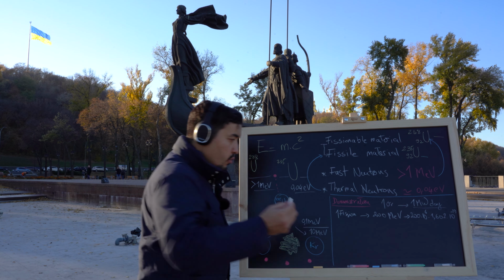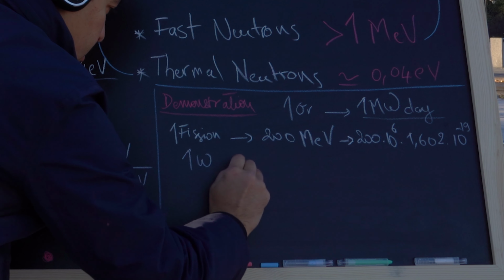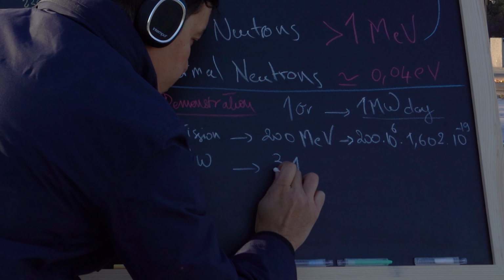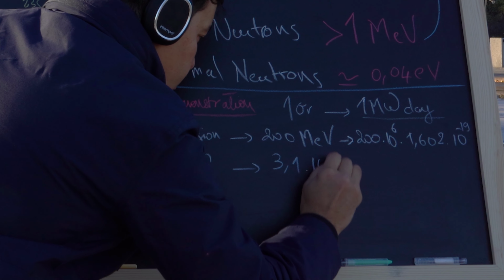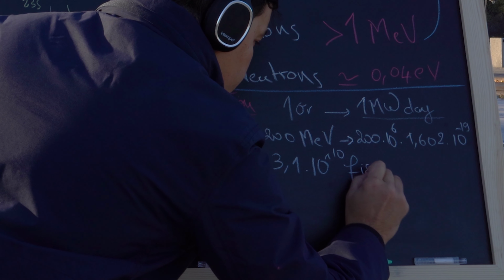Now, to produce 1 watt, you need 3.1 × 10^10 fissions per second.